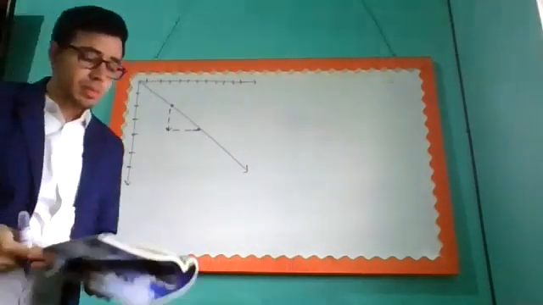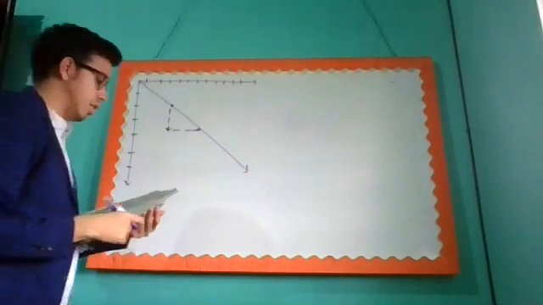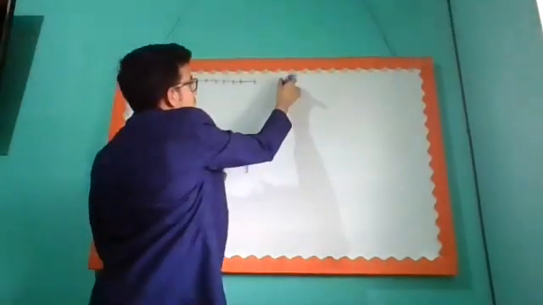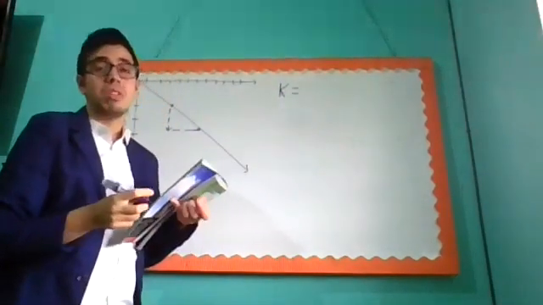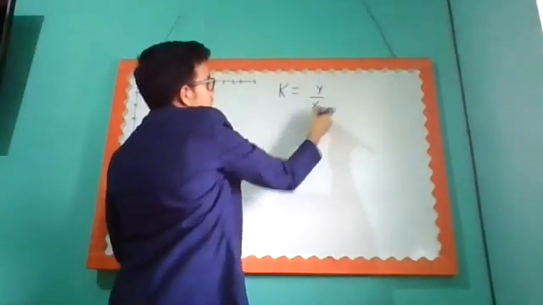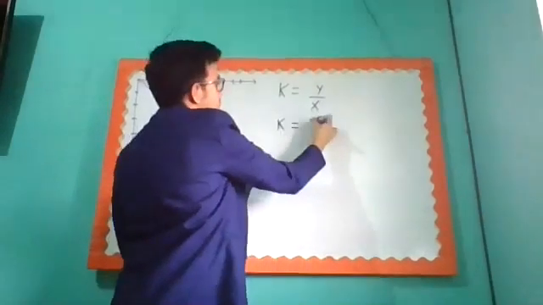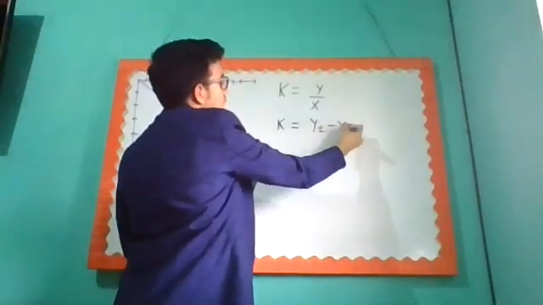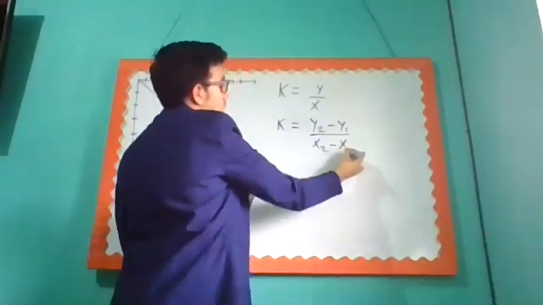So the only thing that we need to do in this case is to find the value. We can use the same variable so you don't get confused. If we use K, you divide again Y over X. K is going to be Y2 minus Y1 over X2 minus X1.